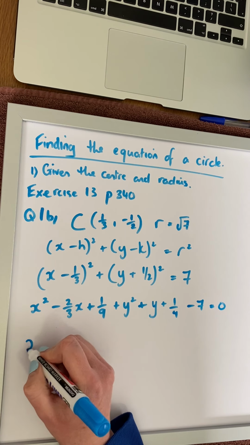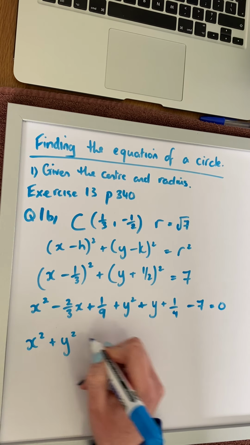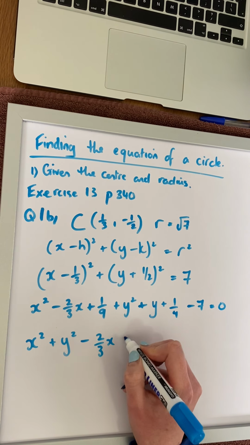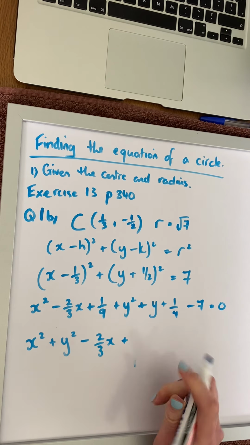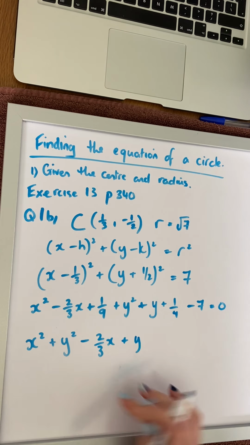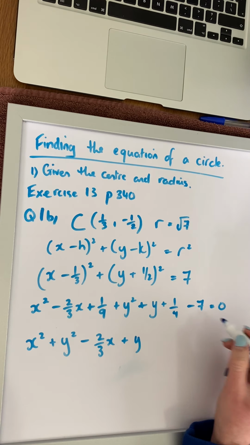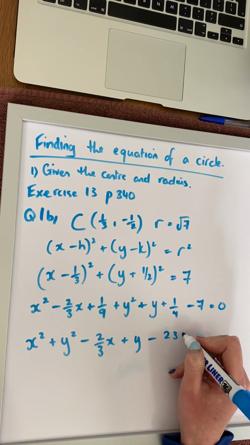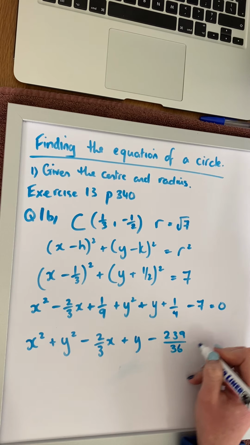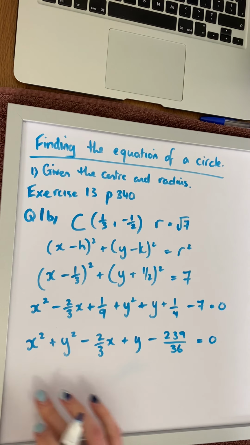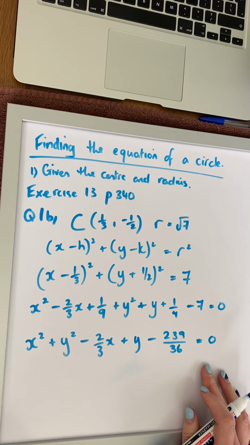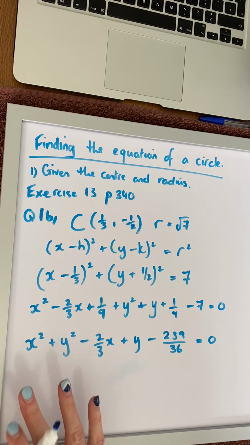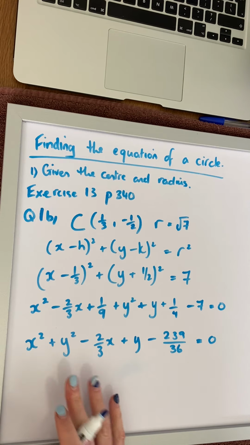Tidying everything up, we have x squared plus y squared minus 2/3 x plus 1y, and 1/9, 1/4, and minus 7 gives us minus 239 over 36 equals 0. You can leave it in this format with your fractions, or else you can multiply everything across by 36, and in that case you get 36x squared plus 36y squared, etc.